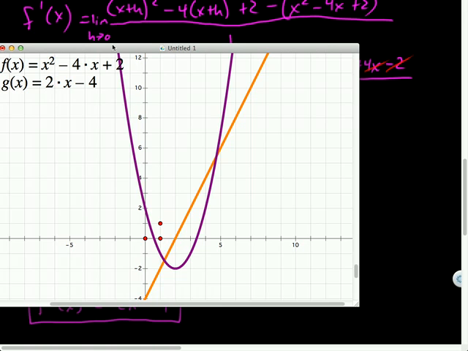When was the slope of this purple function negative? Anything less than 2, right? This was decreasing. The monotonicity was decreasing for values of x less than 2. When is the orange line negative? X is less than 2.